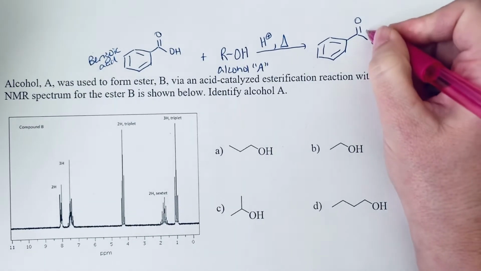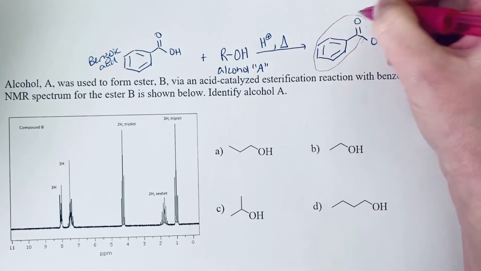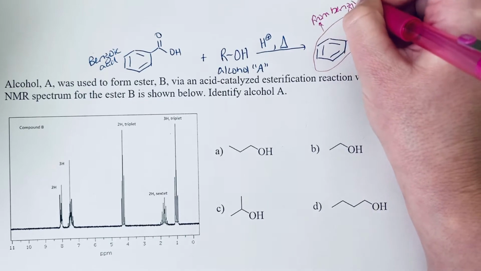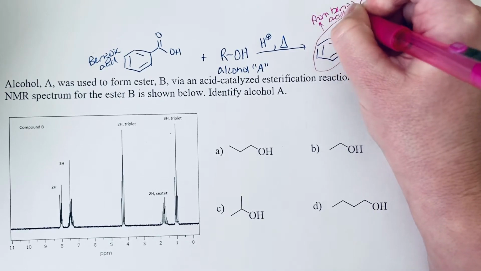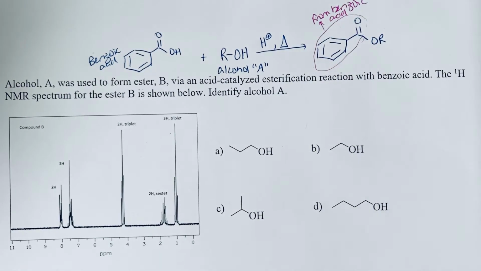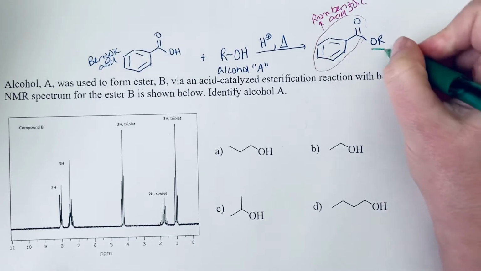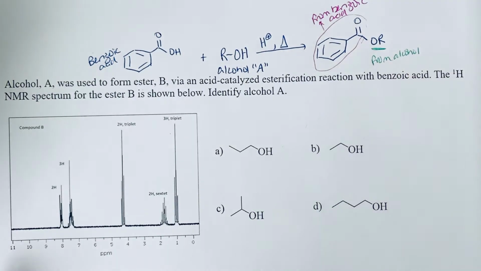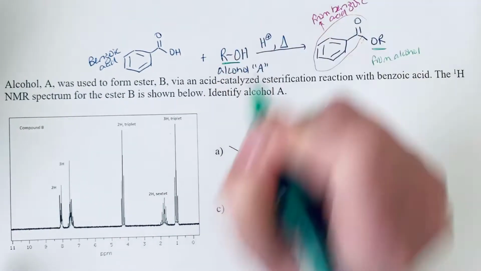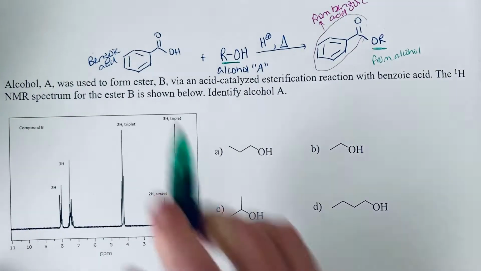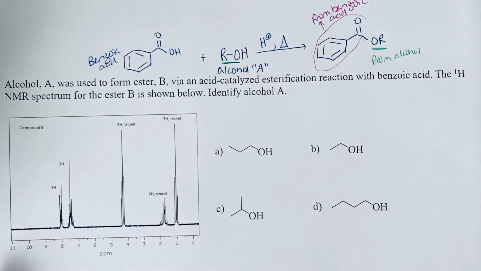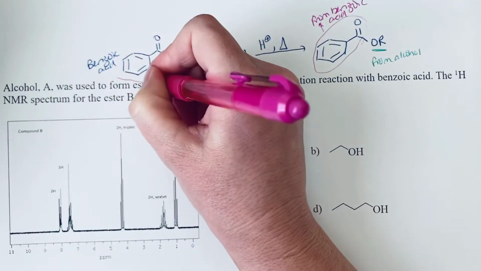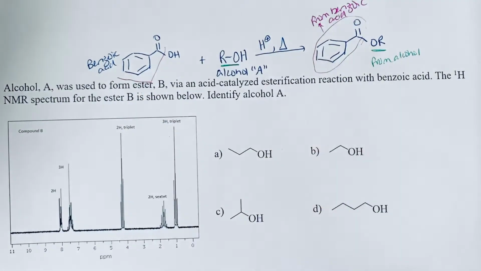This portion of the molecule is coming from the benzoic acid, and then that OR portion is coming from the alcohol. It's this portion of the alcohol. What's being lost from the benzoic acid is the OH. It ends up getting lost as water. So we're just keeping this portion of the benzoic acid to make the ester.